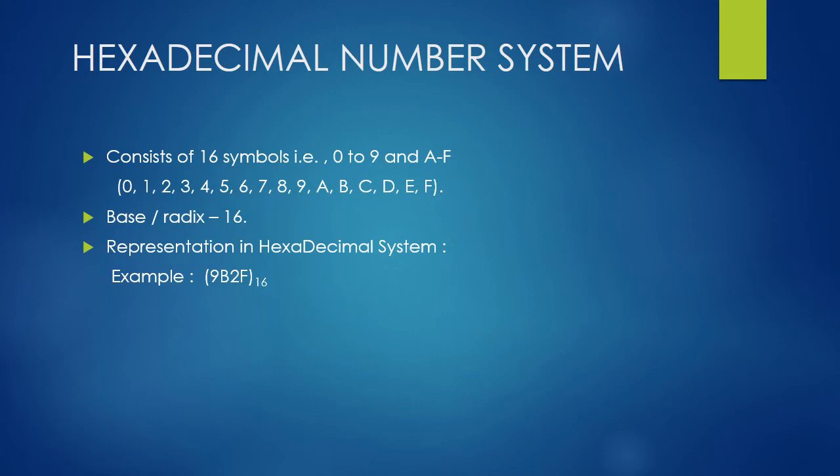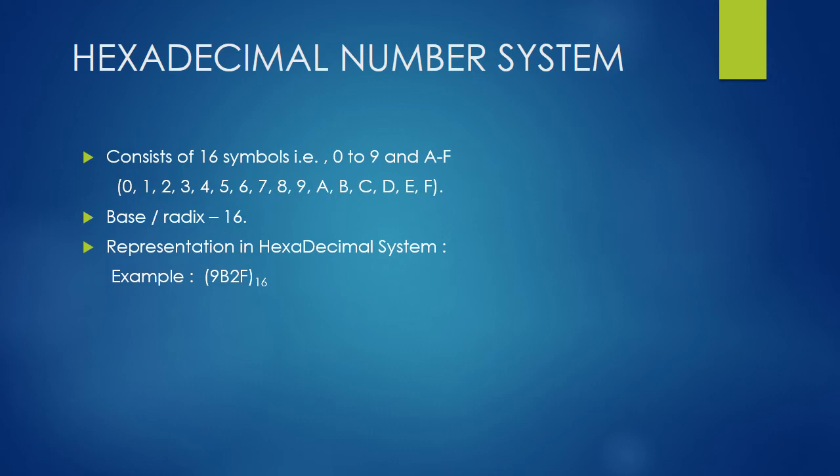That means there are altogether 10 digits, and in place of 10 in hexadecimal number system we'll write A. In the same way, in place of 11 we'll write B. Then 12 is replaced by C, 13 is replaced by D, 14 is replaced by E, and 15 is replaced by F. So altogether if you count, there are 16 symbols, out of which 10 are digits and 6 are alphabets.